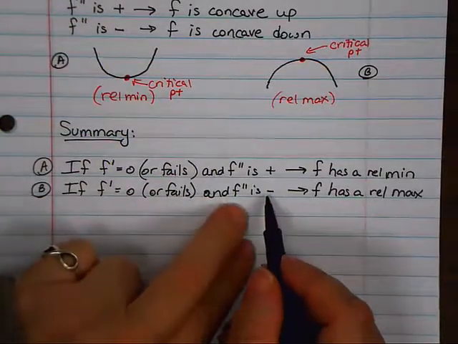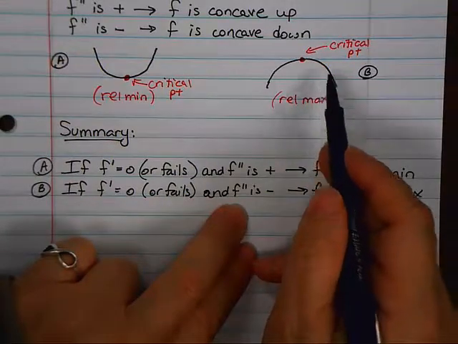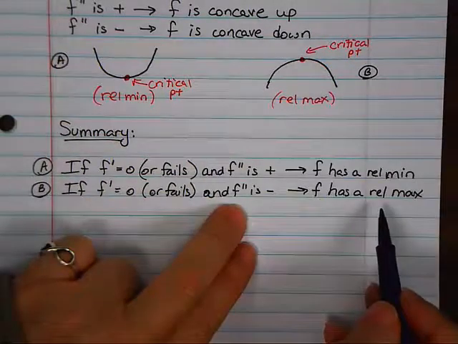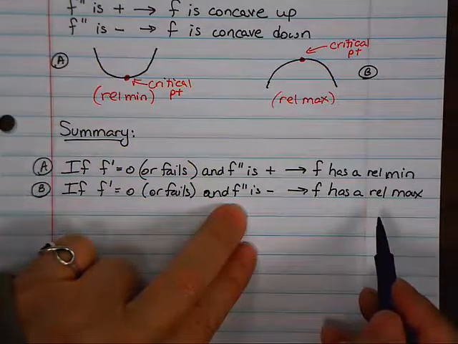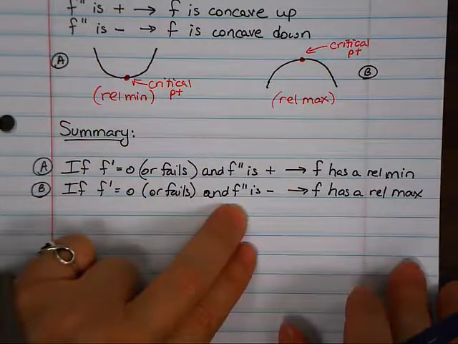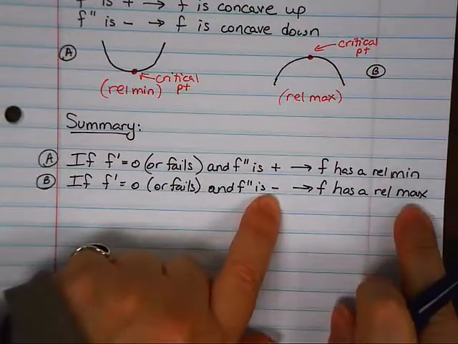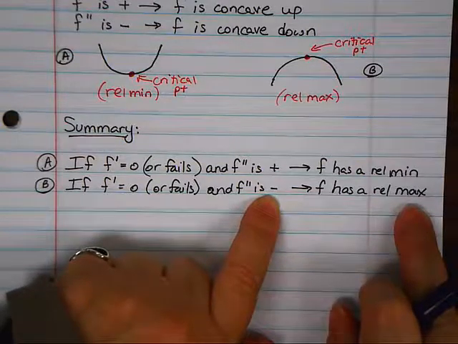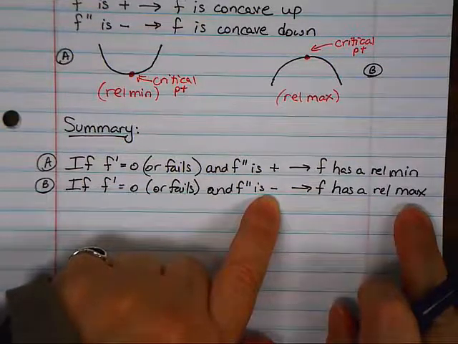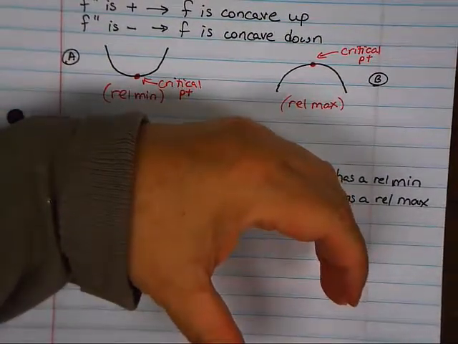F double prime is negative, that's concave down. Critical point concave down have to be maxes. Okay. For some people, this is messing with your head because you see a negative here and you say the word max here. You would think that a negative means a min, but not in terms of concavity. Negative means concave down, and concave down means a maximum. Okay?